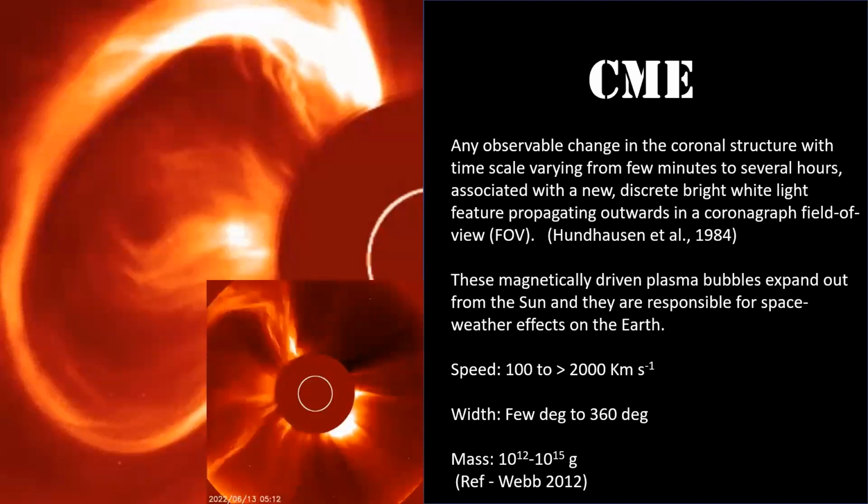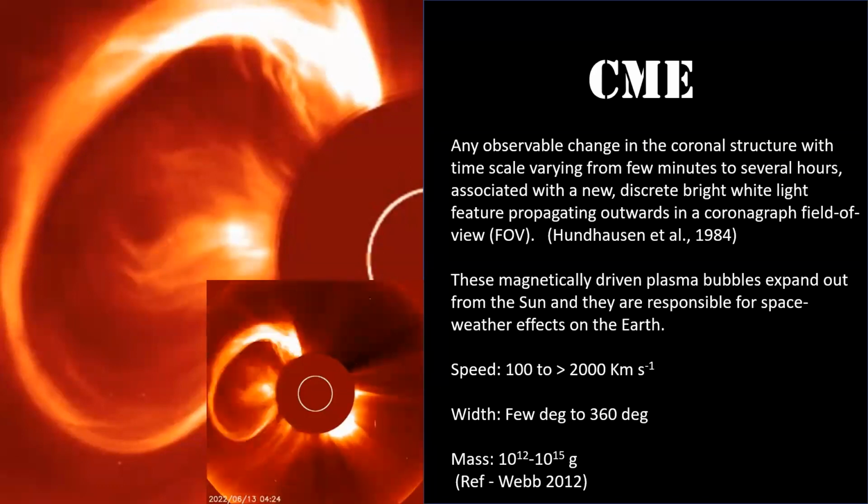Their plane of sky width can range from a few degrees, which some people call narrow CMEs, to 360 degrees, a halo CME, which appears when the CME is propagating towards the instrument, the coronagraph. It appears like a circle around the occulter, so we say the width is 360 degrees. The mass is 10 to the power 12 to 10 to the power 15 grams.